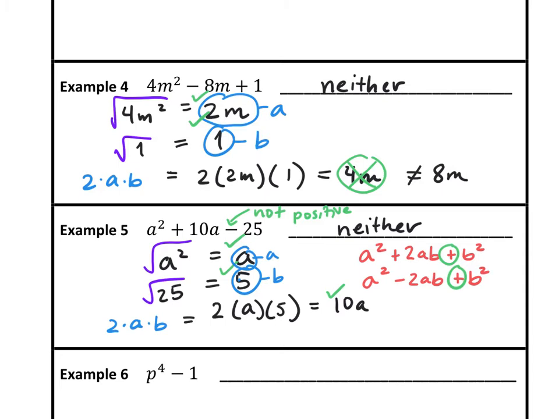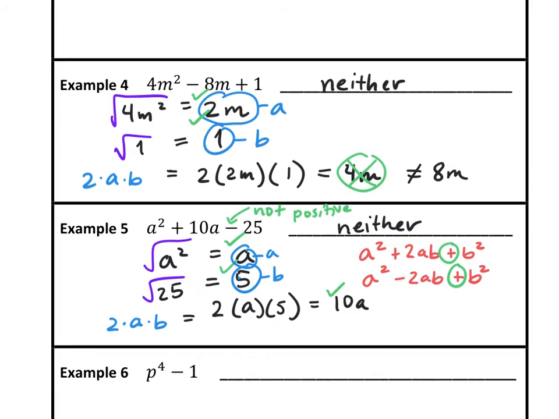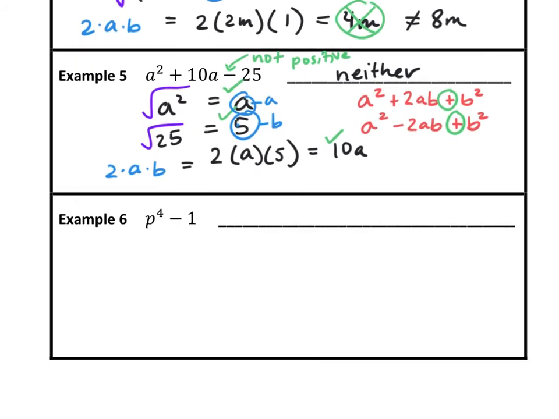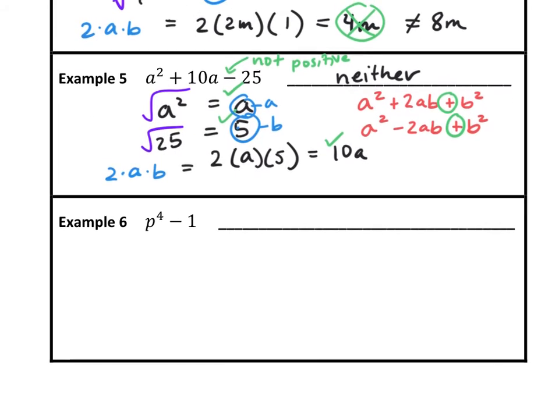Okay. Let me scroll up to number 6. Right. This is made up of 2 terms. So it could be a difference of squares. So for a difference of squares, you want to check, can I square root the first term?